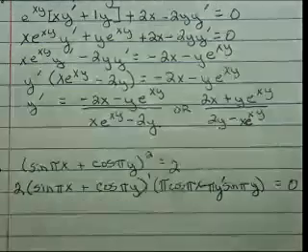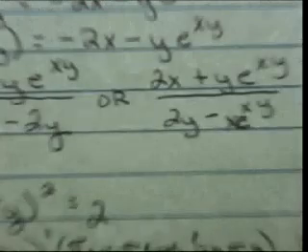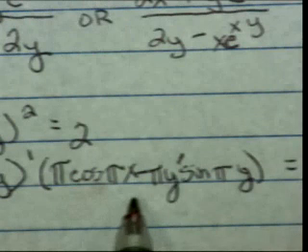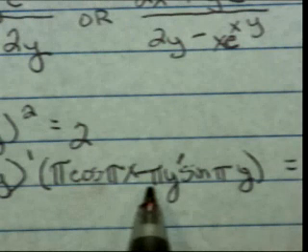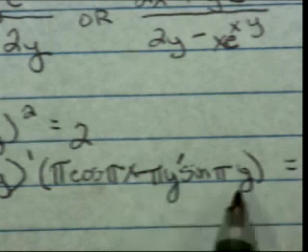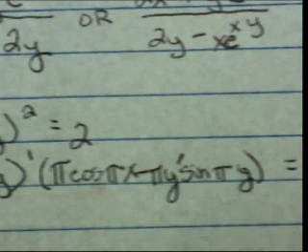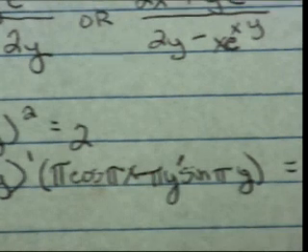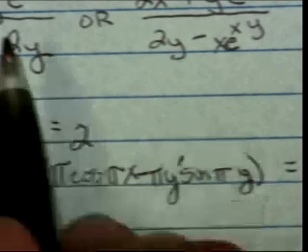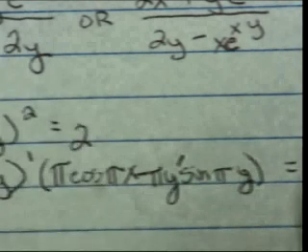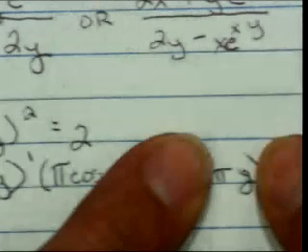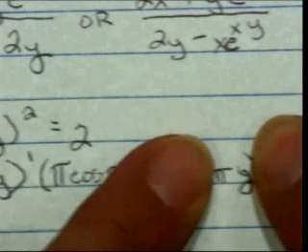Let me zoom in on just that second factor. Make sure you see it. It's written terribly here. Pi cosine pi x minus pi y prime sine pi y. Okay, y prime again. Because if I just said in a previous example, what is the derivative of pi y with respect to x?